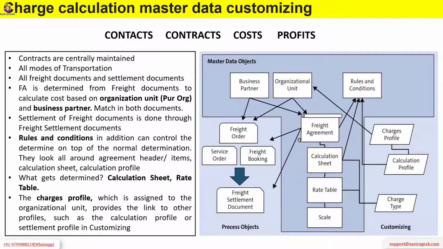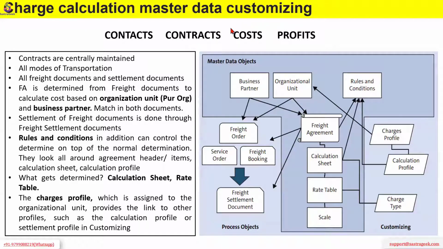Okay, so what I'm trying to explain in this slide is that we have various contacts in our business in the process of transportation management, from a carrier perspective and from a customer perspective. We deal with those contacts, and then multiple contracts, from the perspective of the carrier and from the perspective of the customer, the LSP scenario or the shipper scenario.